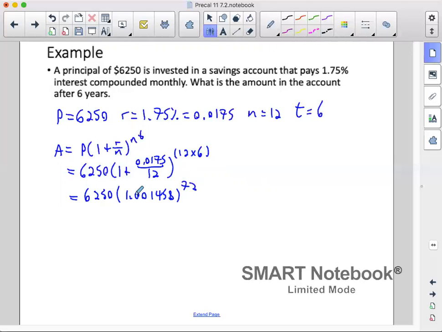I will then do the exponent to this value and then multiply by 6,250 to get my overall value, which gives me $6,941.41.